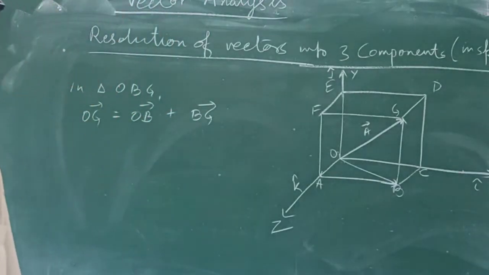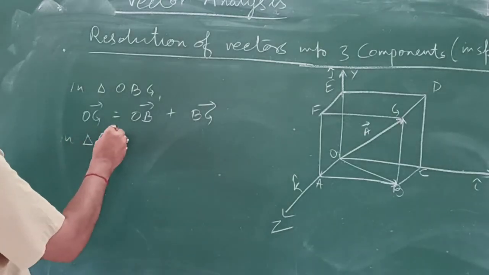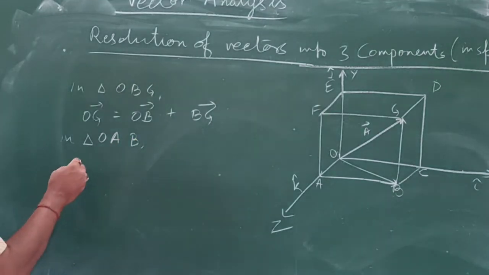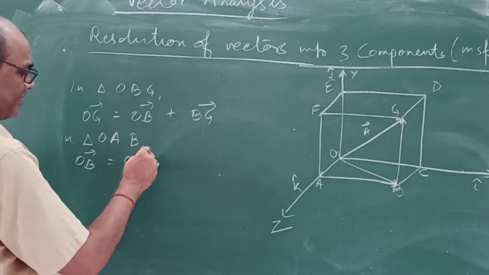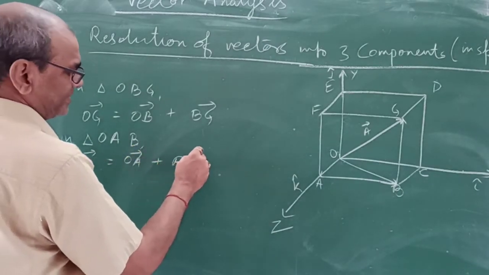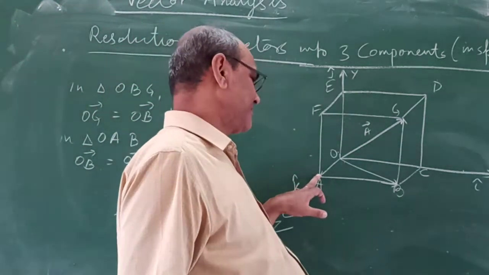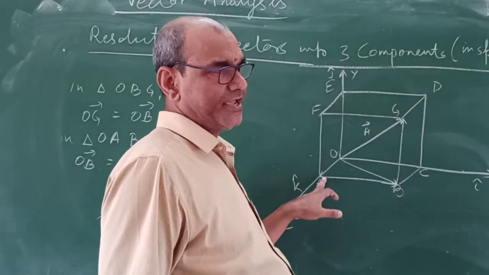Now we consider triangle OAB. Is it clear? In triangle OAB, OB is equal to OA plus AB. Here, the head of vector OA is joined with the tail of vector AB.